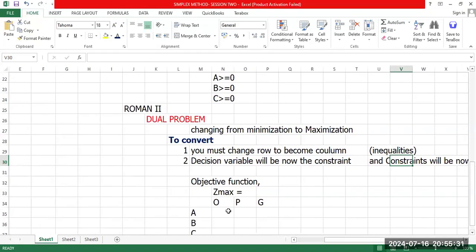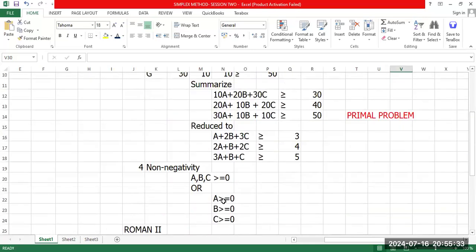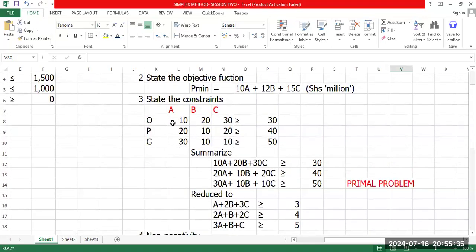That's why you see, initially, I had here A, B, and C. These were my decision variables. I am changing these decision variables to appear as constraints.